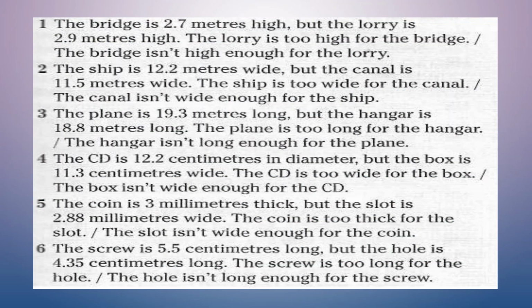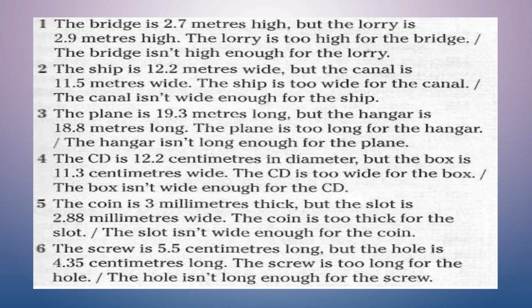Thank you for trying to answer exercise number 5. Now, these are the answers for exercise number 5. I will read number 1 and 2 only, and the others are here. You can read them carefully anytime. Number 1, the bridge is 2.7 meters high, but the lorry is 2.9 meters high.